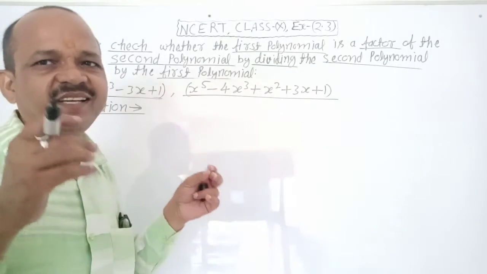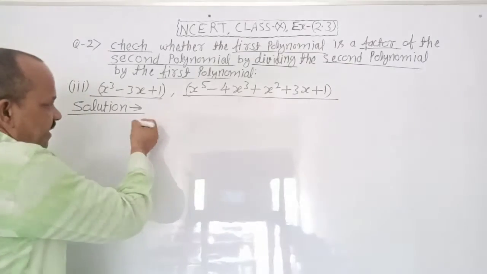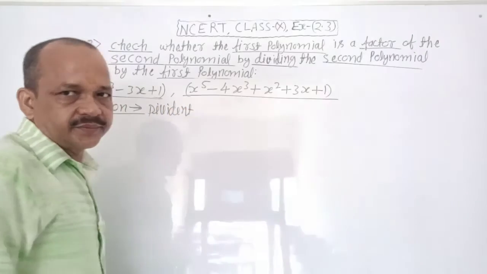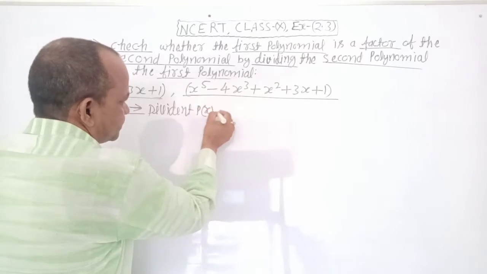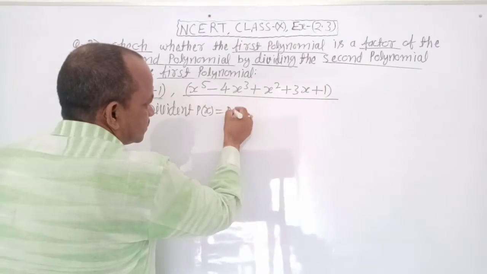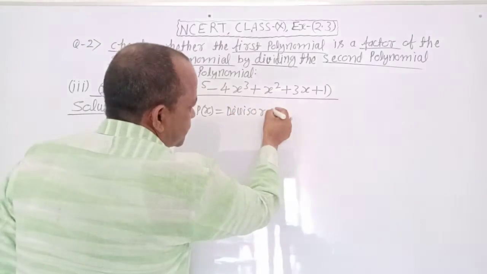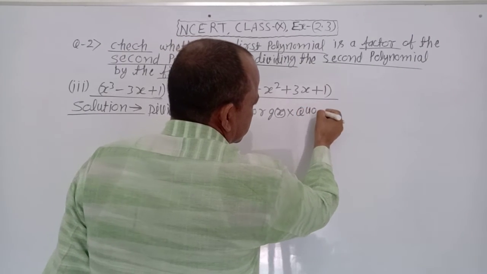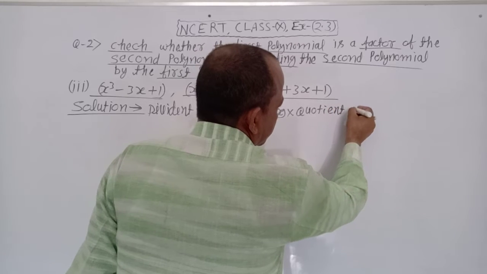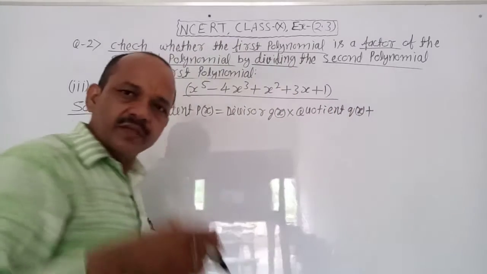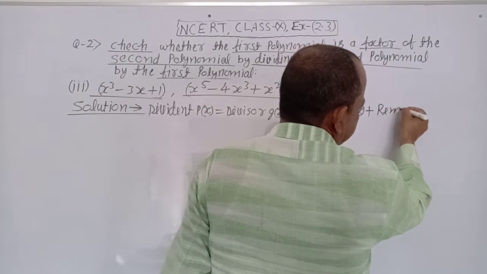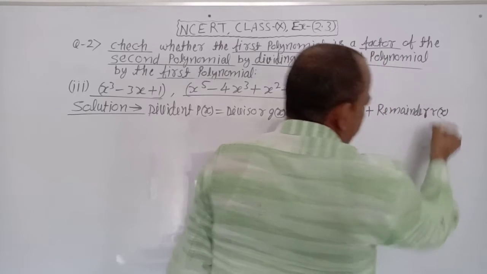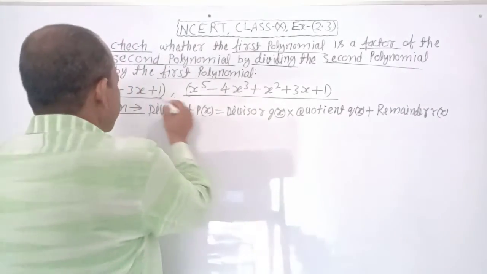It is very easy. See the book. Identity: dividend p(x) equals divisor g(x) multiplied by quotient q(x) plus remainder r(x). It is an identity.